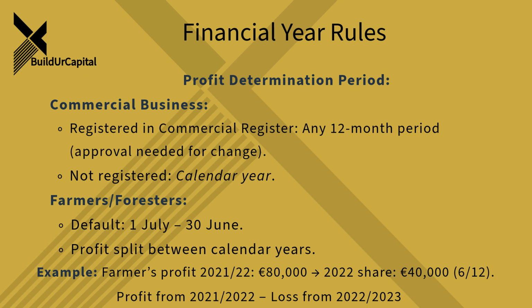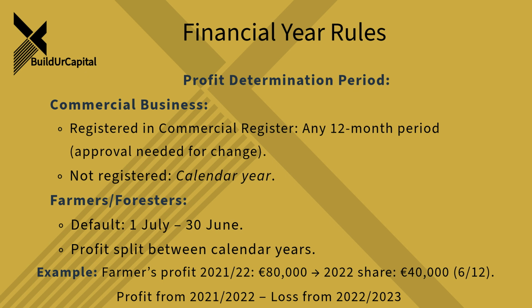So how does the profit or loss from that period get taxed? They split it. It's called a time proportionate allocation. The profit or loss from that July to June year is divided evenly between the 2 calendar years it touches. Okay, so the example. Profit 2021-2022 was $80,000. Loss 2022-2023 was $50,000. How does that affect the 2022 tax year? Right. For 2022, you take half of the 21-22 profit, which is 6/12ths of 80,000.